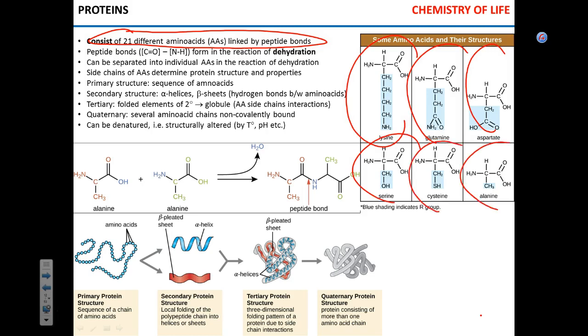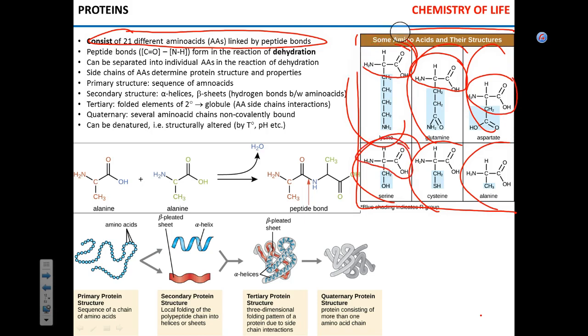There are a few conceptual things that I want you to notice about those building blocks of proteins. If you look at these 6 different amino acids, and as I mentioned, you do not need to memorize any chemical formulas, what I want you to understand is, look at these parts. You see that these parts are all the same.